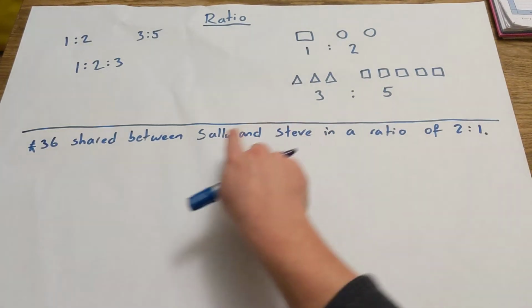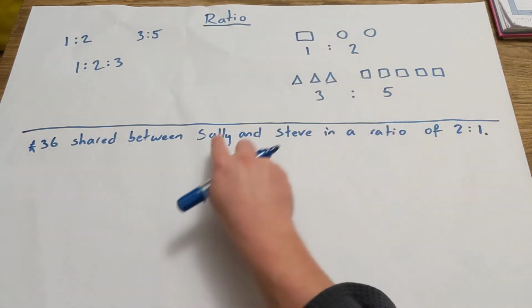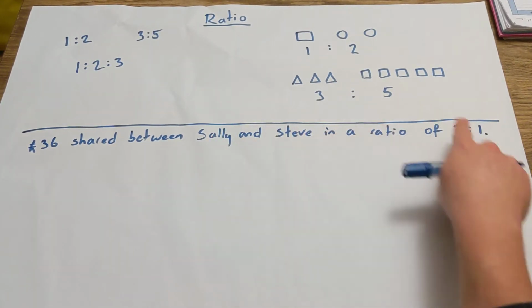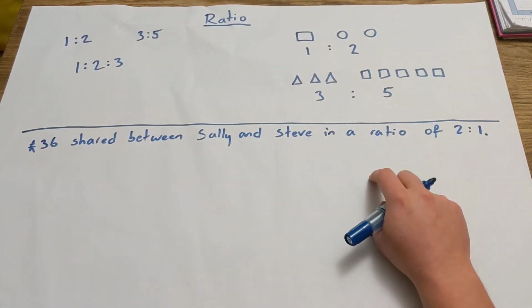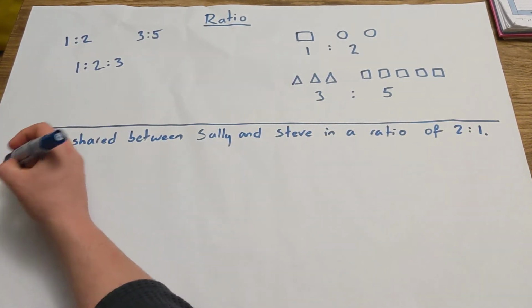When we read these, we keep them in the order. So that means Sally is first, so she has the 2, Steve is second, so he has the 1. And then I want to work out how much does each get.